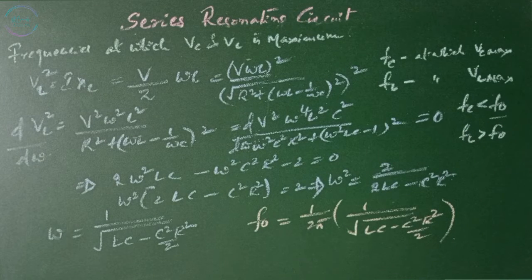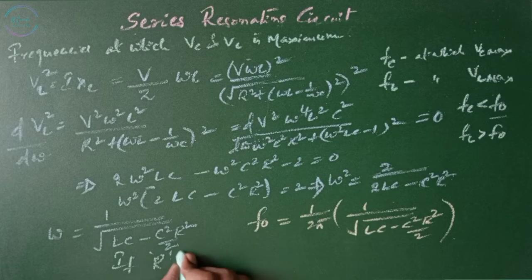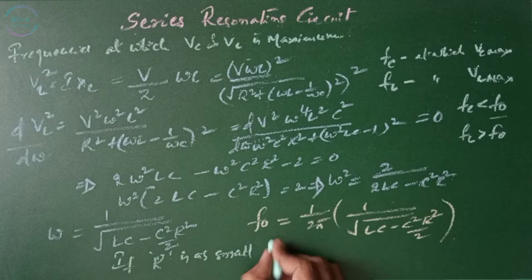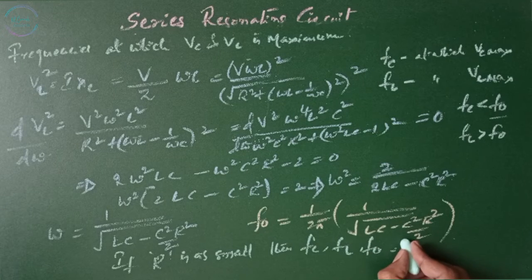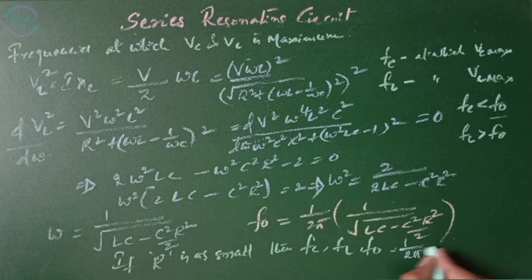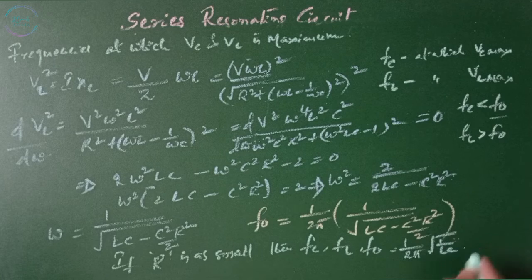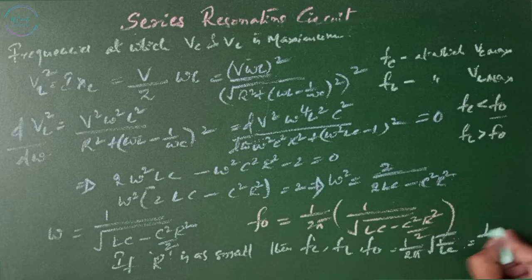If R is small, then FC, FL and f naught will have the same value, that is 1 by 2 pi square root of LC.